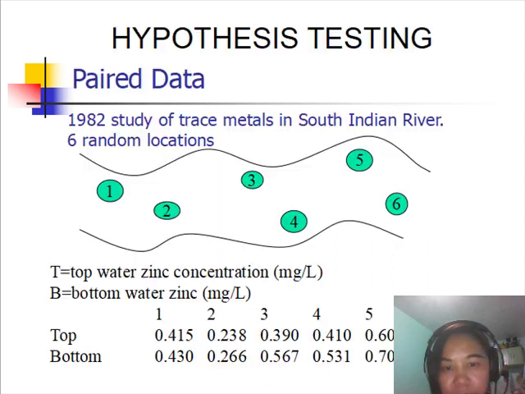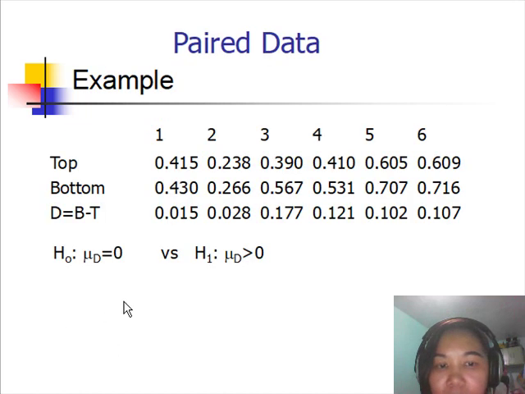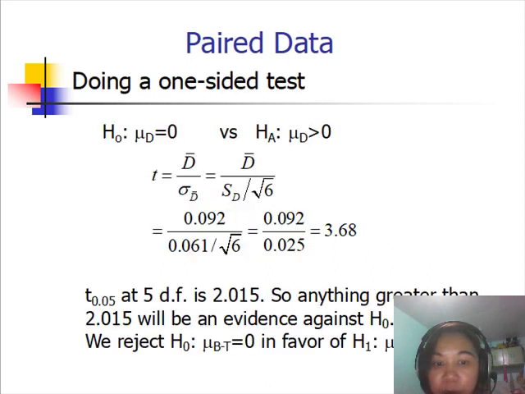Since we reject the null hypothesis, and our null hypothesis is that the zinc concentrations at the top and the bottom of the river are equal, we conclude that the water zinc concentration at the bottom of the river is greater than the water zinc concentration on top of the river. Okay, that's how you conclude your decision since we reject the null hypothesis.